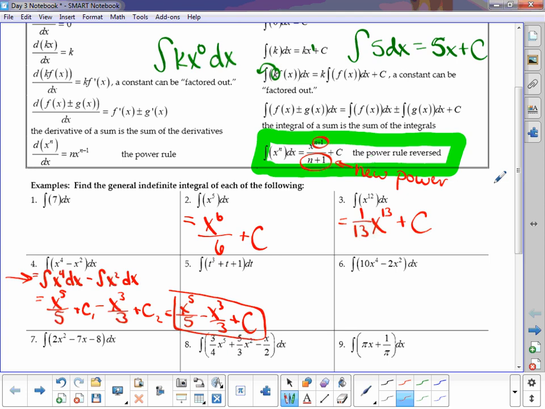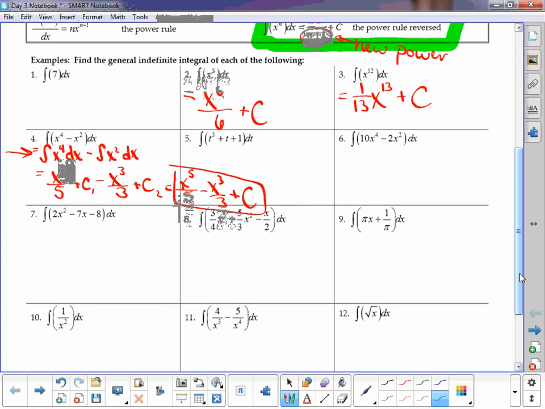Okay. So let's take a look at when we start to have coefficients, like number 6. So we have the integral of 10x to the 4th minus 2x squared. Alright, so again, we know we're going to break it up over that. So let's just do the integral of the first piece.